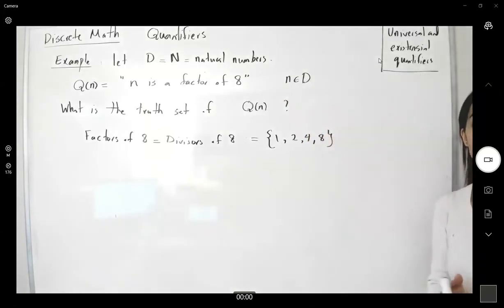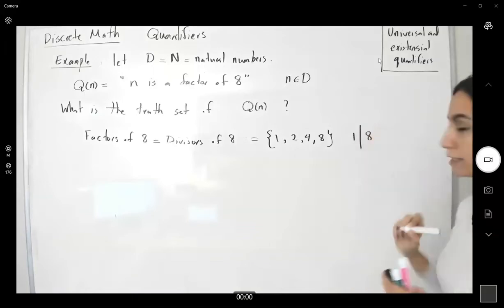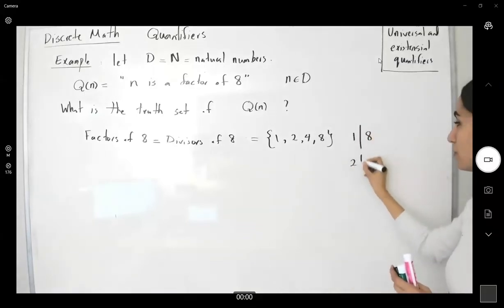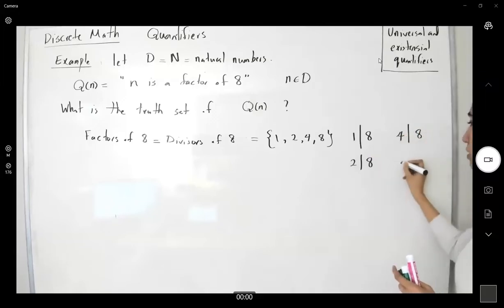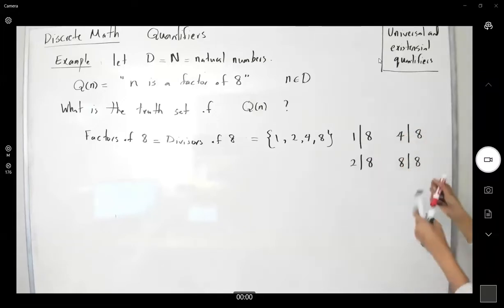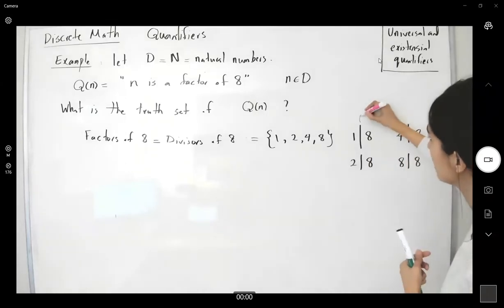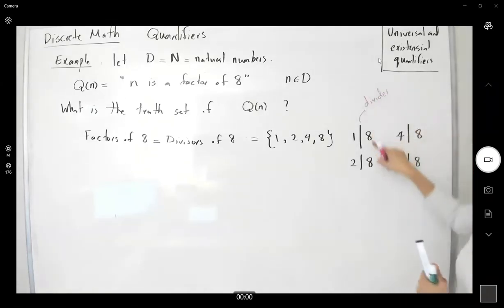The notation that you're going to use is 1 divides 8, 2 divides 8, 4 divides 8, and of course 8 divides 8. The vertical line here means divides.